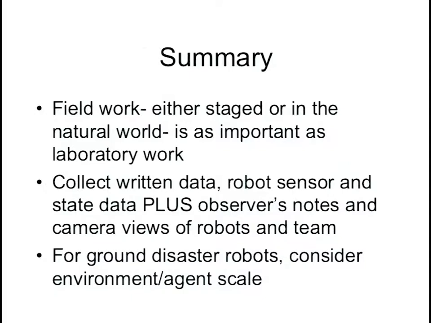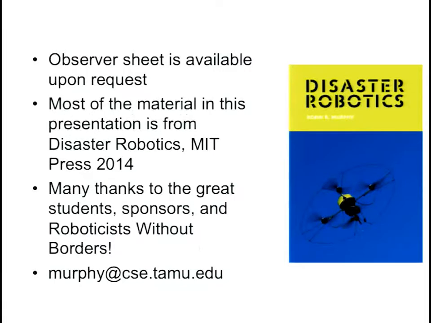I recommend you collect all sorts of written data, robot sensor state data, but also try to collect observers' notes and camera views of what the robot is doing and what the team is doing. And for ground robots, please consider thinking about how we're going to characterize the agent and the environment, the scale, and the other dimensions. Can we come up with other dimensionless numbers to help us compare and contrast what the different robots are doing? The observer sheet is available on request.